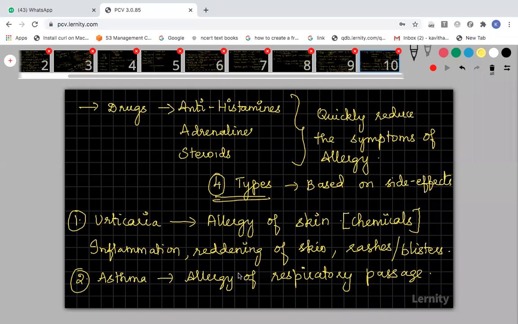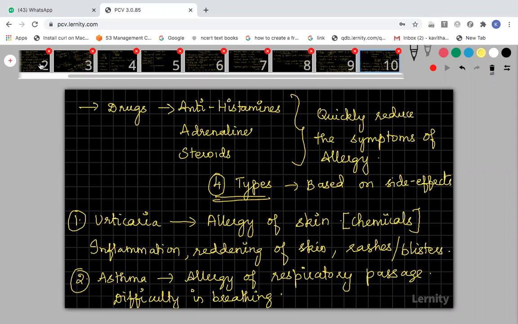The symptoms will be that the breathing will become difficult. Difficulty in breathing is the major symptom in asthma, because your bronchi and bronchioles will constrict. Constrict means the surface area will get reduced, so there will be difficulty in breathing. That is the major symptom in asthma condition.